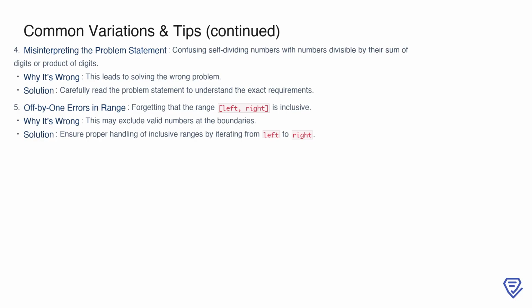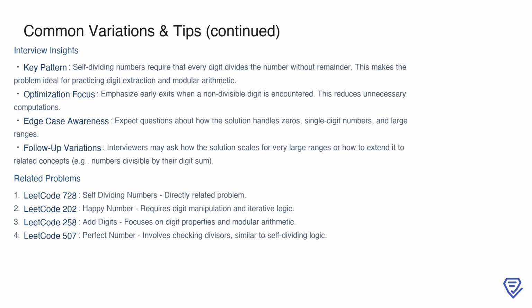From an interview perspective, self-dividing numbers is an excellent problem for practicing key programming concepts. The main pattern to focus on is that every digit of the number must divide it without leaving a remainder. This makes the problem a great opportunity to refine your skills in digit extraction and modular arithmetic. Optimization is another important focus area.